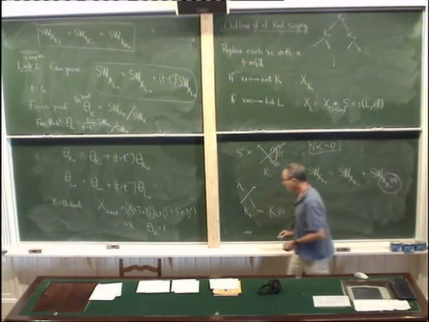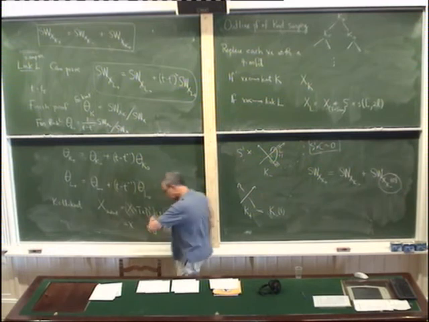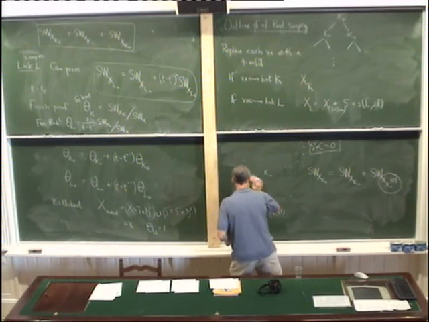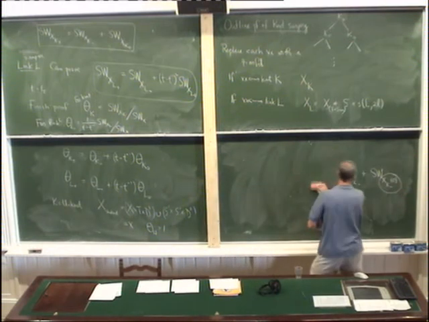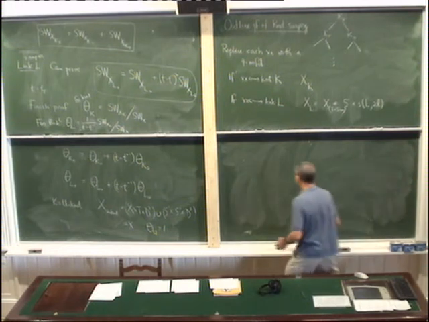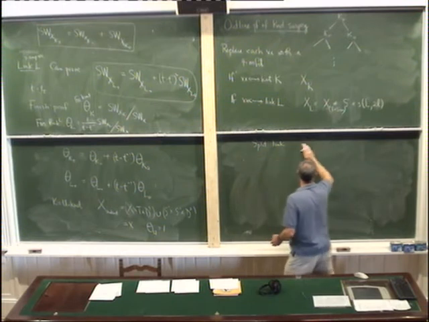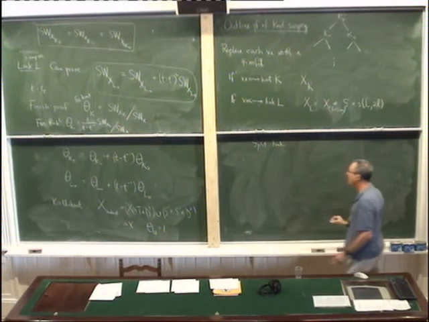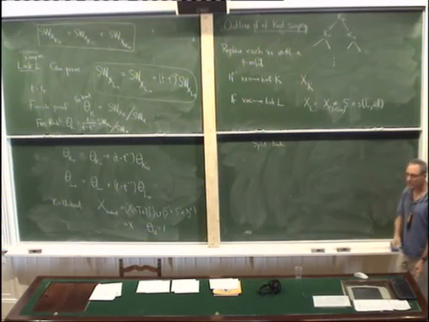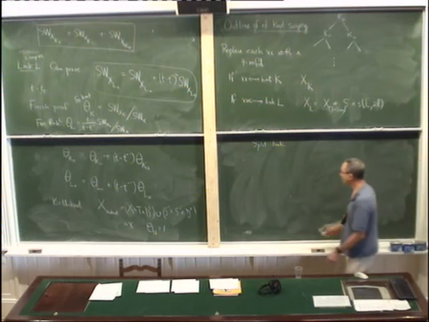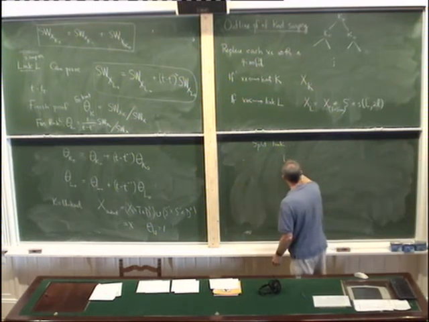Okay? And for a split link, I have to rely on a fact from Seiberg-Witten theory that I haven't told you yet, but sorry. So what is theta sub split?